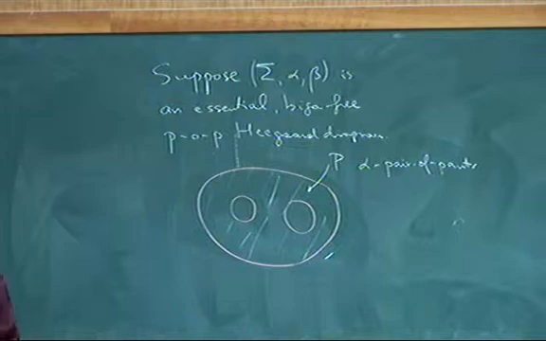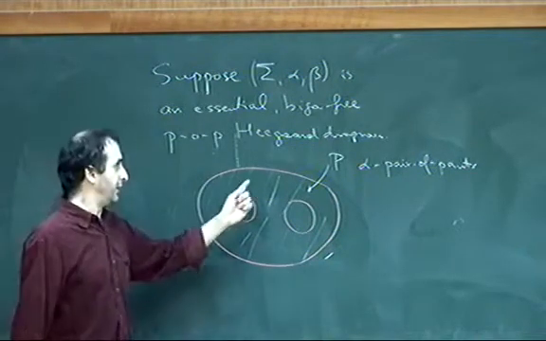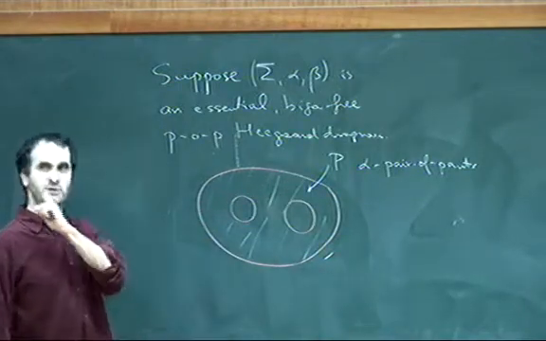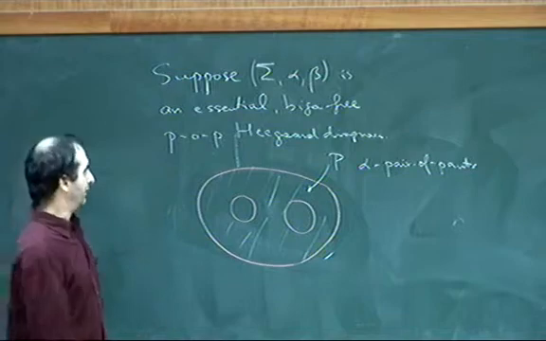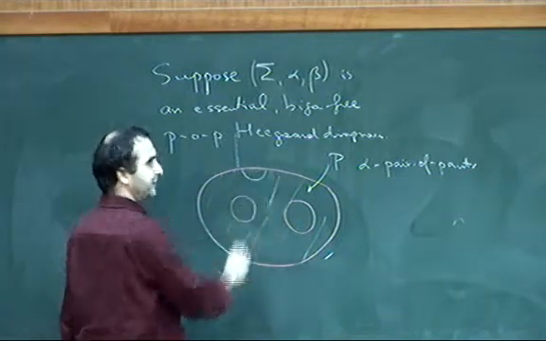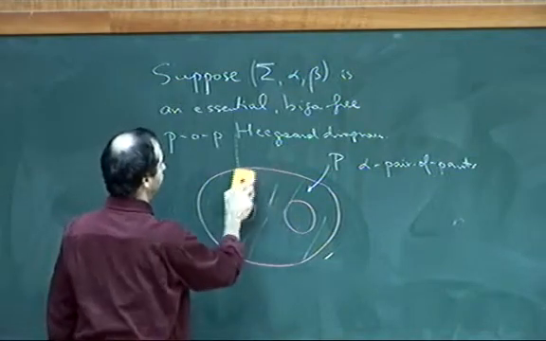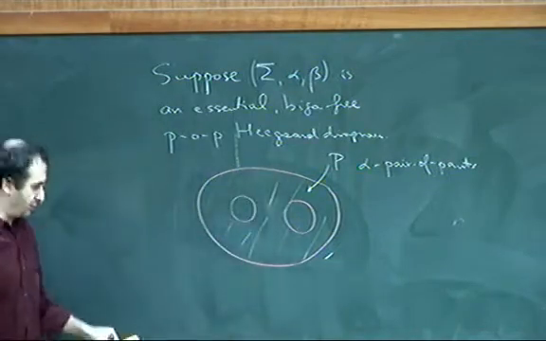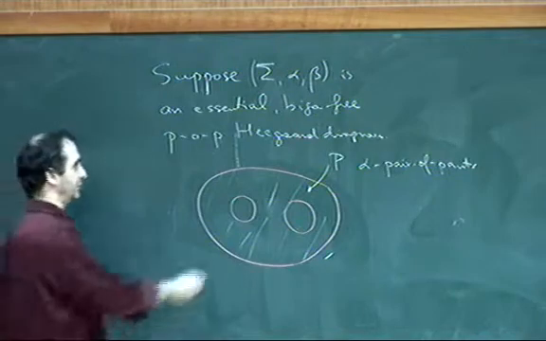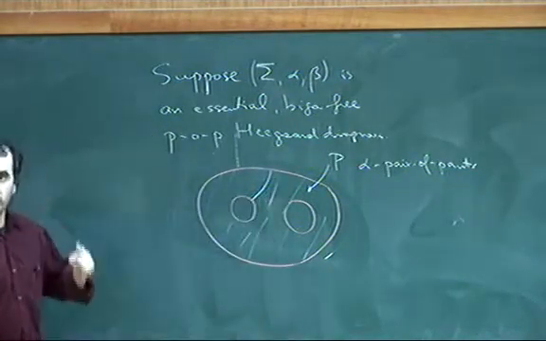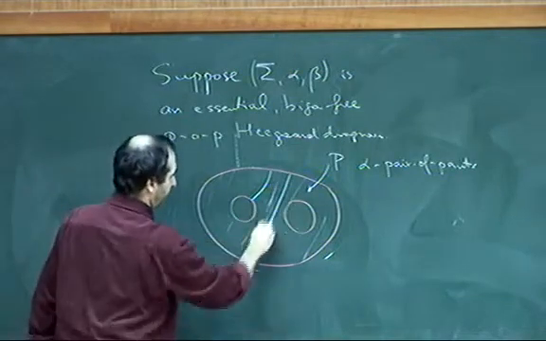How do the beta curves look in this subsurface? I just take the intersection of P with all the beta curves. Let's take one single beta curve. How does it look? It cannot be something like that, because it's a bigon-free diagram, so that's forbidden. So it has two choices: either it connects two different boundary circles, so it goes like this, say, or it cuts back to the same boundary, something like that.